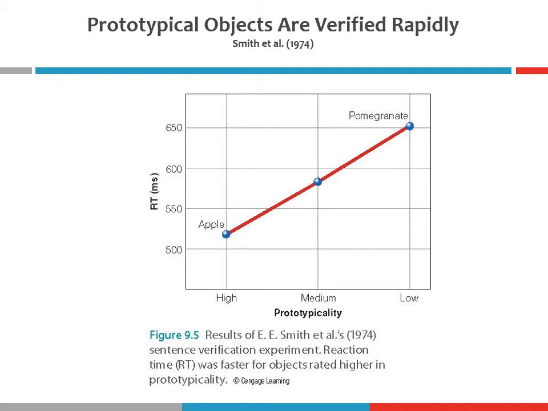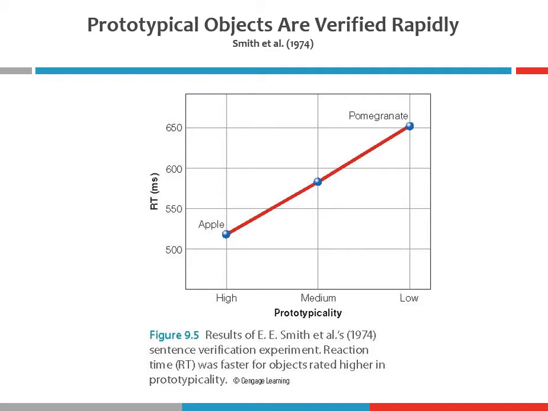When they used this technique, they found that participants responded faster for objects that were high in prototypicality, for example, items like apple in the category fruit, than they did for items that were low in prototypicality, like pomegranate. This ability to judge highly prototypical category members more rapidly is called the typicality effect.